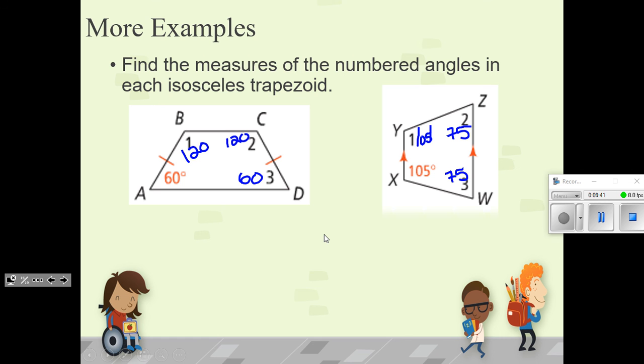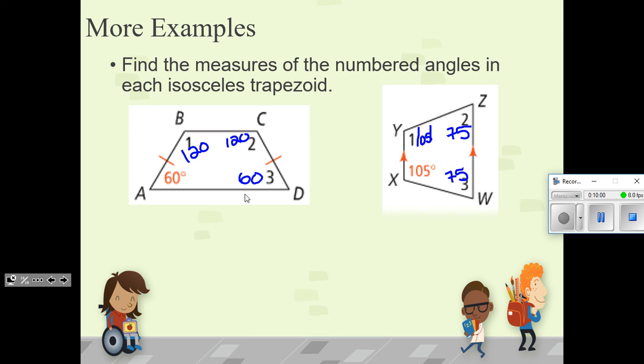More examples. Find the measure of the numbered angles in each isosceles trapezoid. So isosceles, if this is 60, this side is 60. They have the same base angles, and the total is going to be 360. We're going to do 60 plus 60, which is 120.